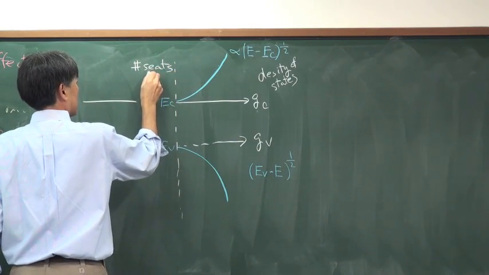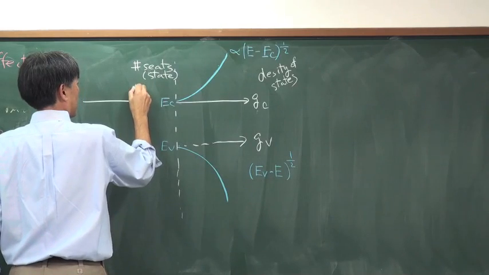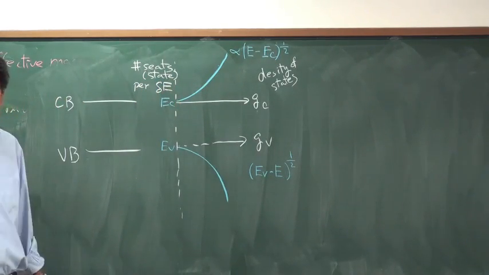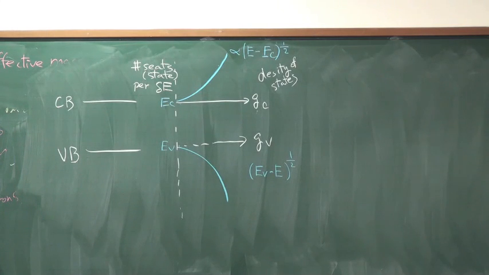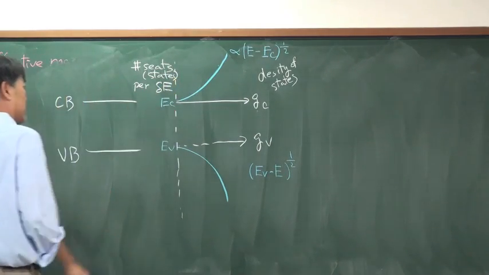Okay. To be more precise, this is the number of seats or states per delta E. So in a small unit energy, we count how many states we have. And again, each state has different energies, but we count the number of states per delta unit energy difference.